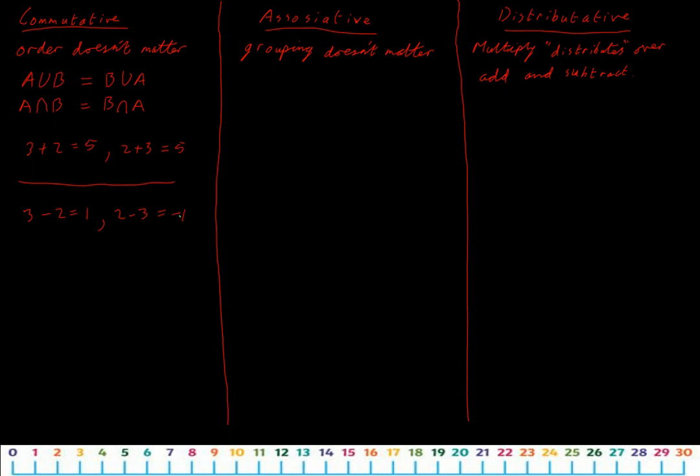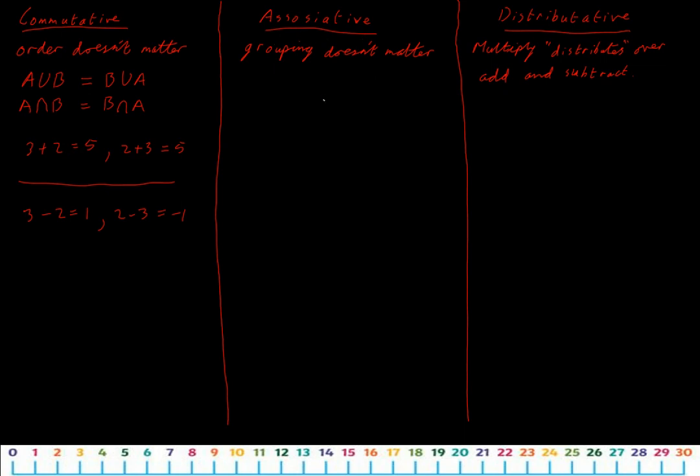So subtraction, minusing numbers, is not commutative. The order in which we write the numbers is very important. So that's commutative. The order of what we do doesn't matter if it's commutative, and stuff like union and intersection and addition are commutative because the order in which we write our numbers doesn't matter.